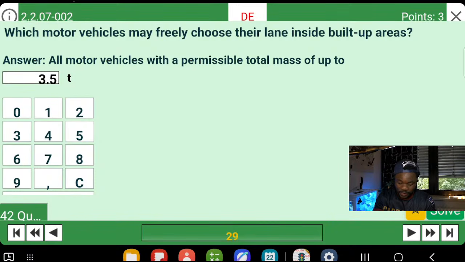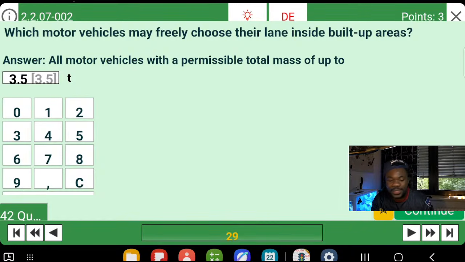Listen. People get too confused with this question. We have a similar question where they'll ask, when are you allowed to park on a designated footpath? For you to be able to park on a footpath, you have to have a permissible total mass of maximum 2.8 ton.